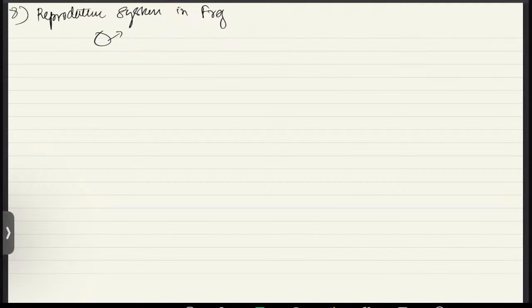I will try to draw some basic diagrams so that you get a glimpse of what it is and how it works, right? So let's go with the male reproductive system first.